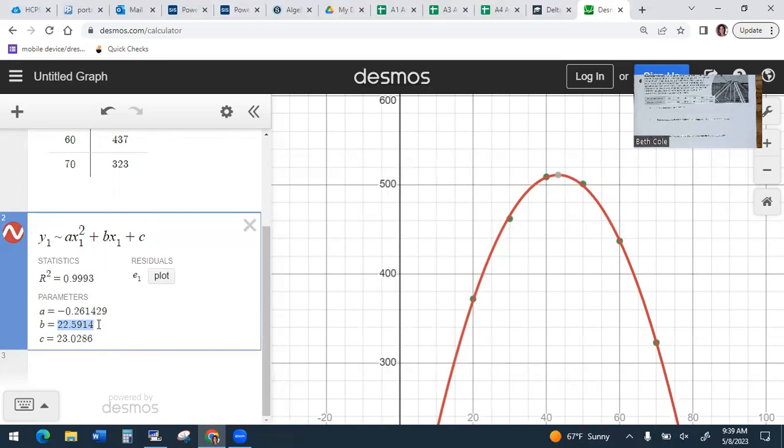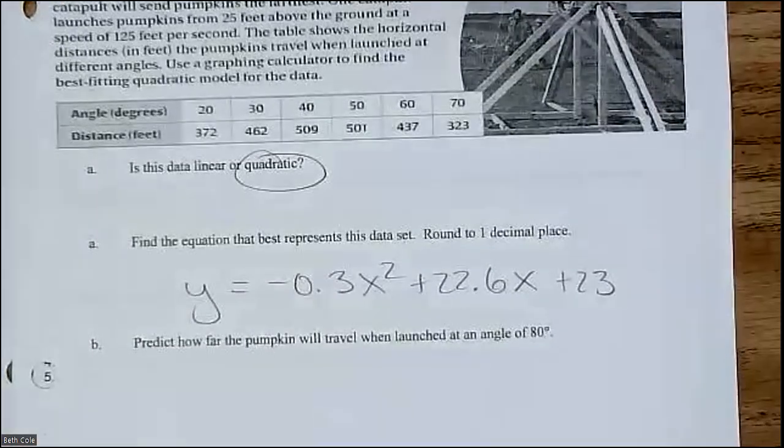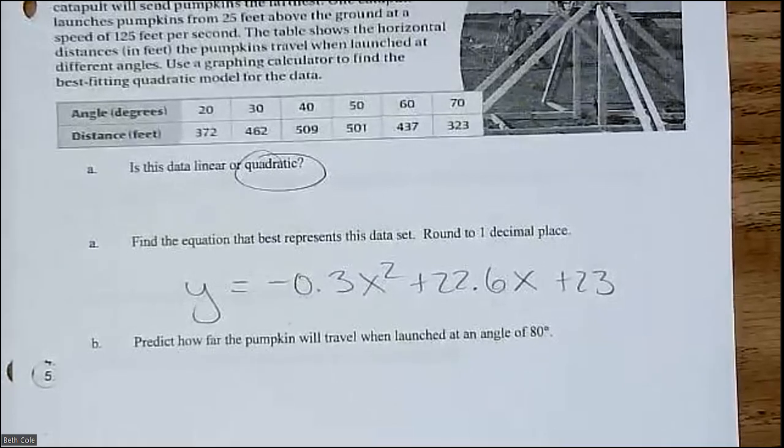If you're not writing this, you're not doing what I'm telling you to do. You're writing, I can't have the paper and this up there at the same time. Plus 23, that would be 0.0, okay? All right, so look, it should look like that. I just got it from the calculator. I did no work. I just got it from the calculator and wrote it down.